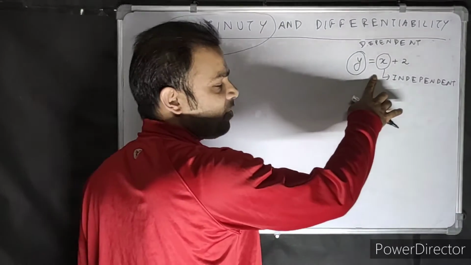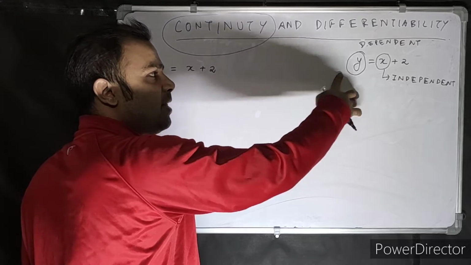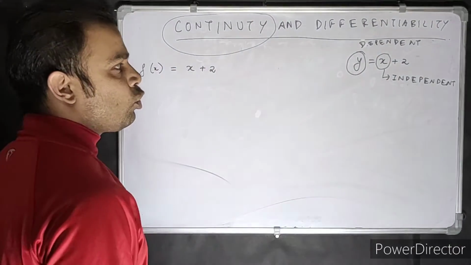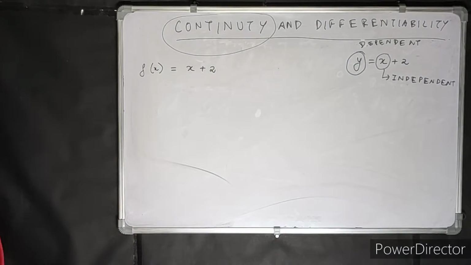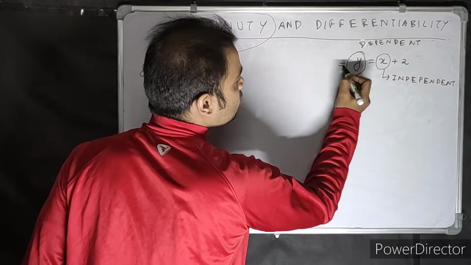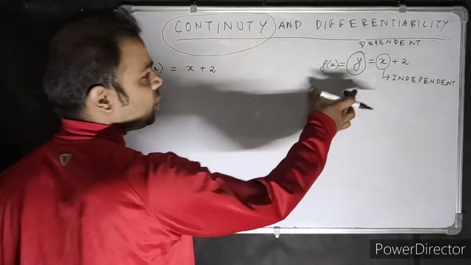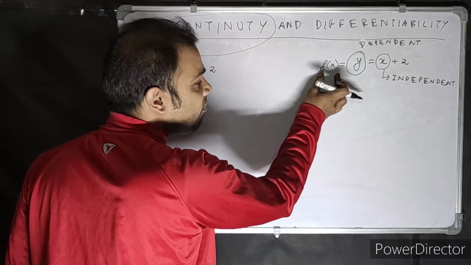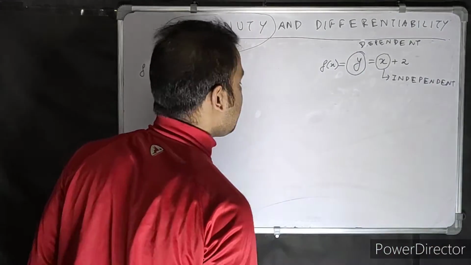So whatever value of x you take, you will get values of y that will be 2 more than whatever values of x you take. So this y is actually equal to f of x. This is a function of x. So f of x is the y coordinate and these x values are the x coordinate.